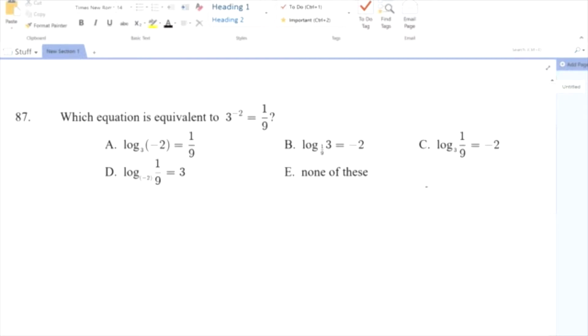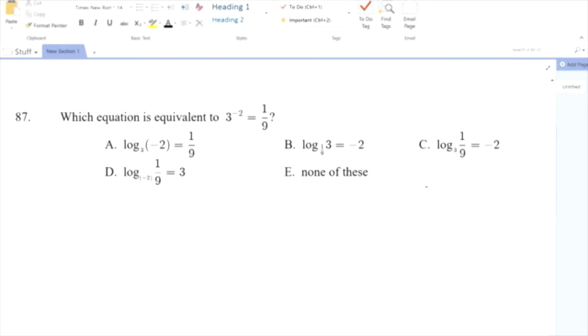Room 925 North. And here we have a question that says which equation is equivalent to 3 to the negative 2 power, which is equal to 1/9.